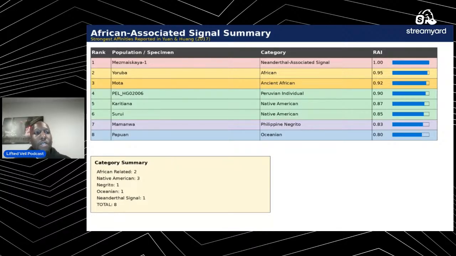Secondly, the Yorubans, then the Malta, and again, the Peruvian, Karitiana, and the Surui, modern day Native Americans, right? Then you got the Mamanwa from the Philippine Negritos, and the Papuans.